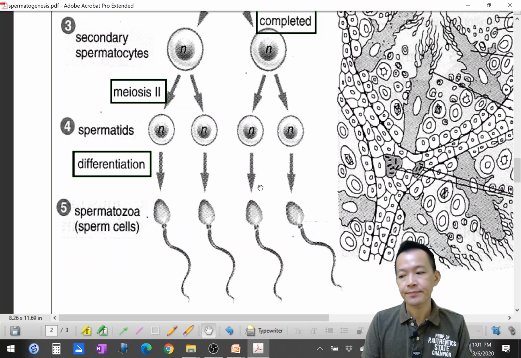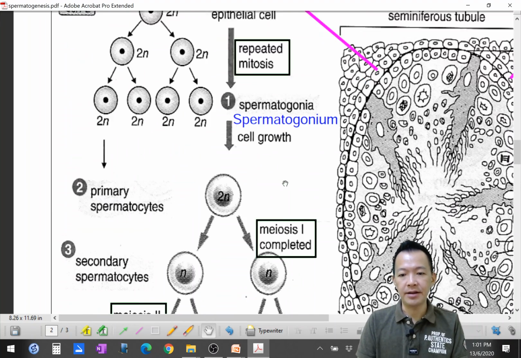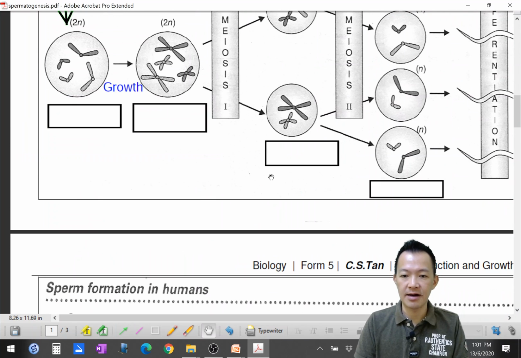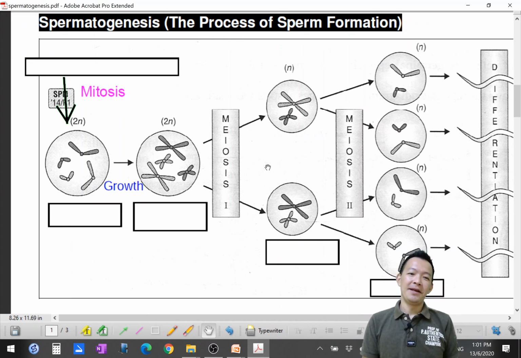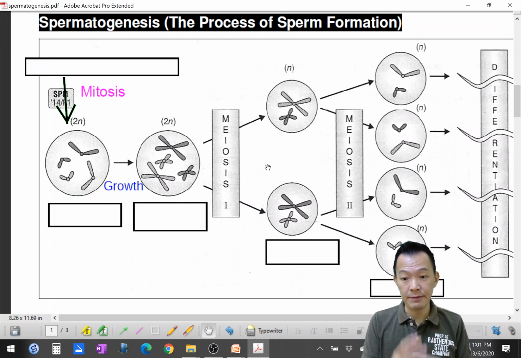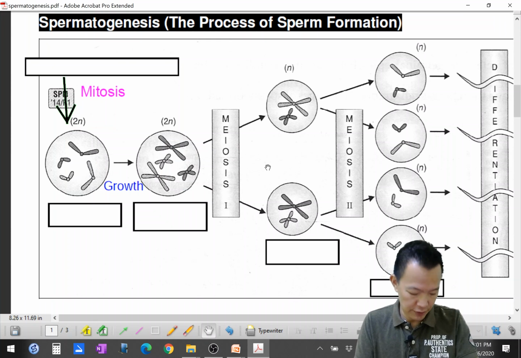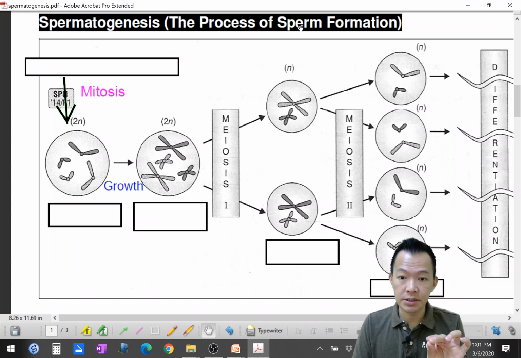Two times not enough, three times not enough, so turn back to your notes, to another page. Again, the formation of the sperms. Repeat until you can talk easily. When you can explain it yourself, that is very powerful. So the sperm formation actually starts from where?